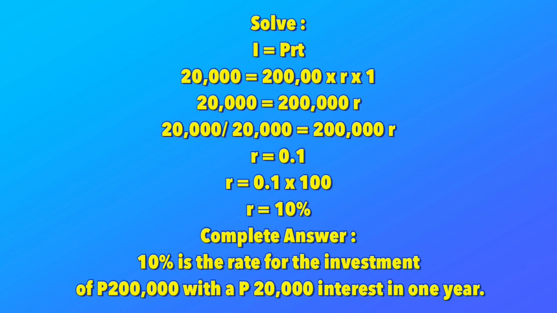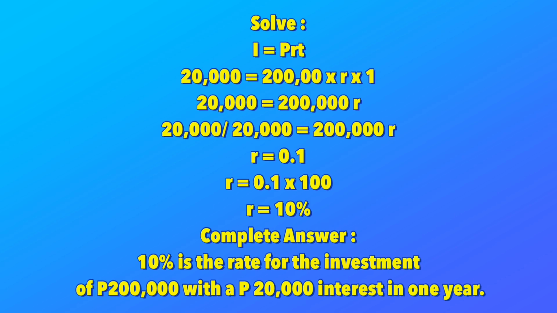And then we're going to divide both sides of the equation by 200,000 in order to have the R. R is the rate. So 200,000 divided by 200,000 equals 1. So that's why we have R. And 20,000 divided by 200,000, we have 0.1.